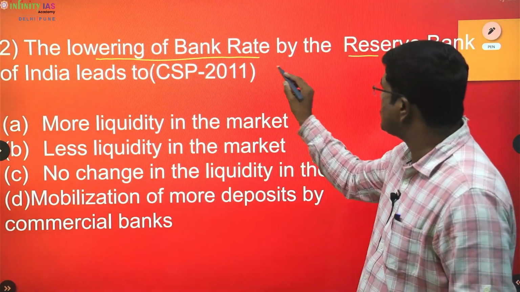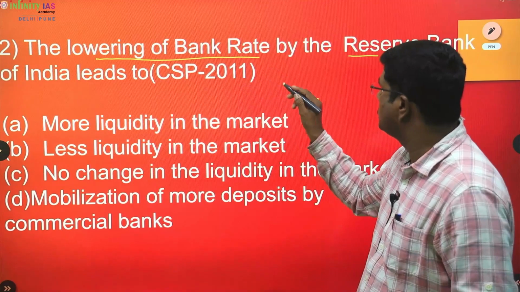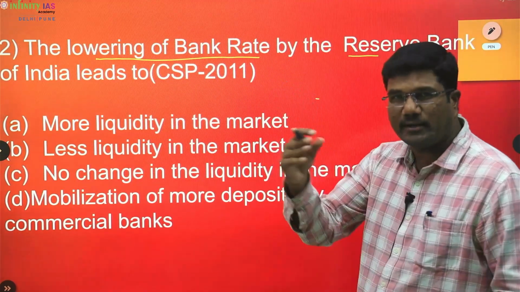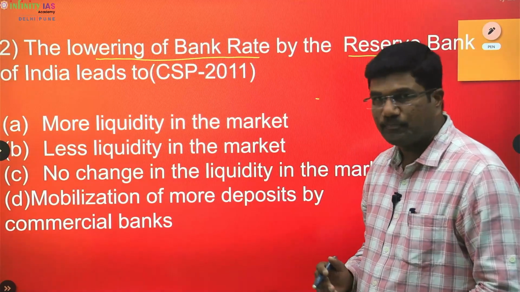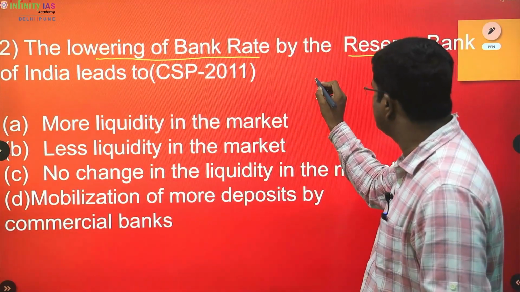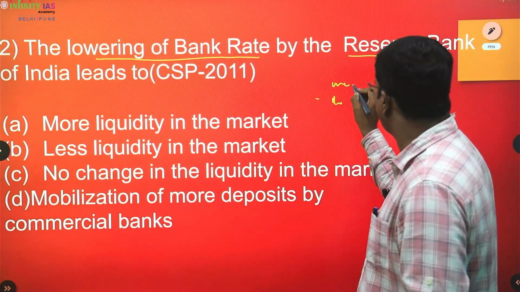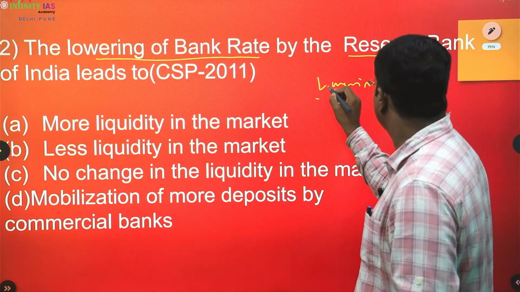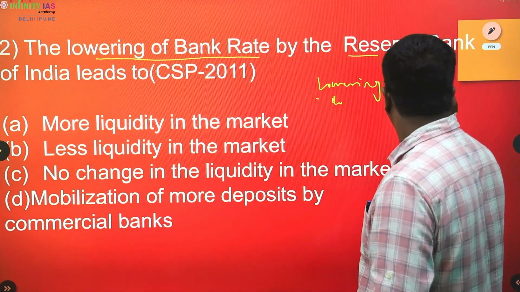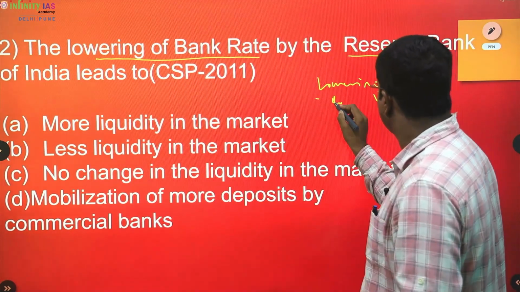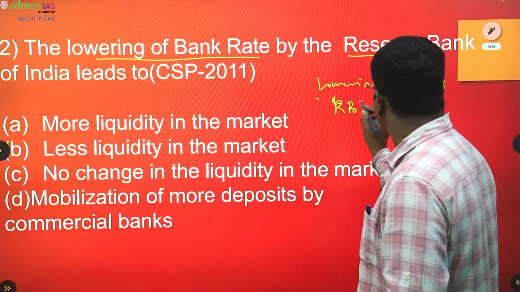Whenever there is lowering or increasing of the bank rate or any kind of quantitative measures of RBI, there are two important things, that is lowering and increasing. So RBI does this with the monetary policy.